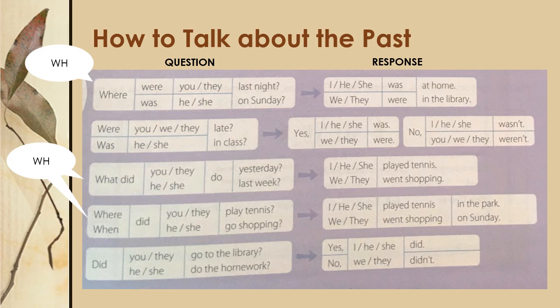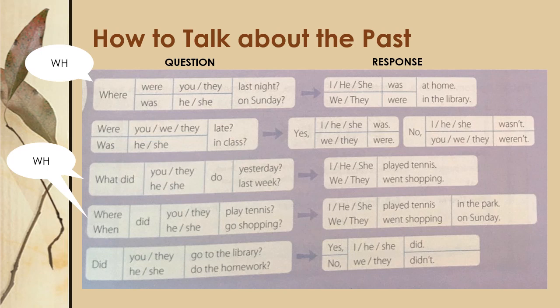Yesterday, last week. And because it's a what question, you give an answer that is the activity, right? What did? So, played tennis, went shopping. As you can see, played is the past tense of the verb play, and went is the past tense of the word go. So, you use past tense.